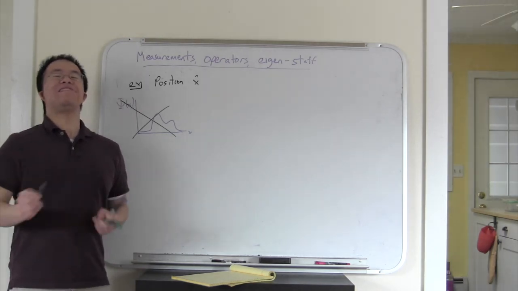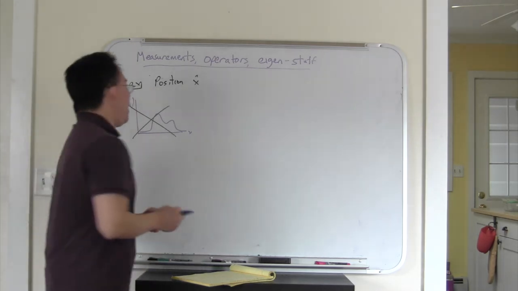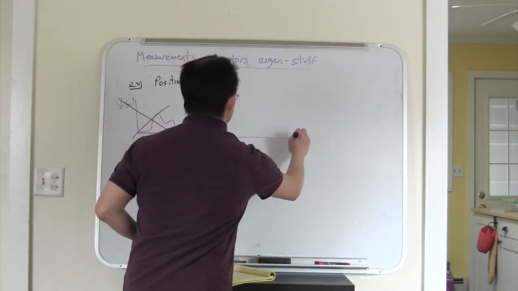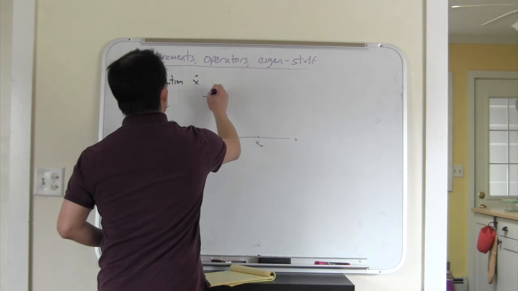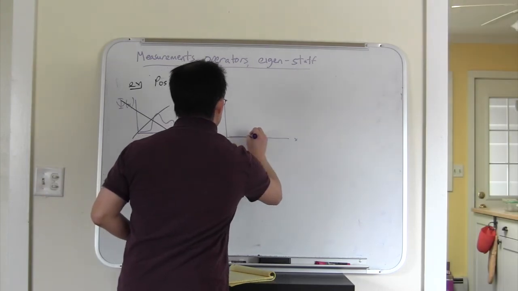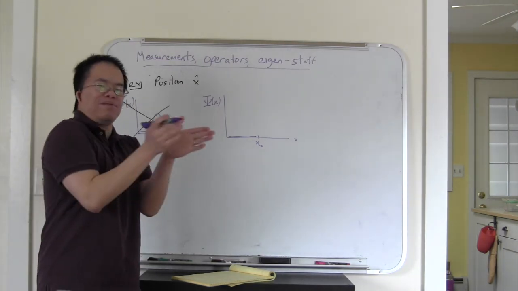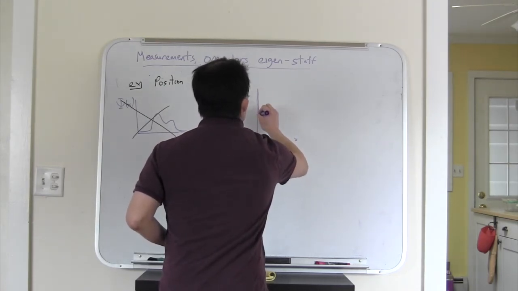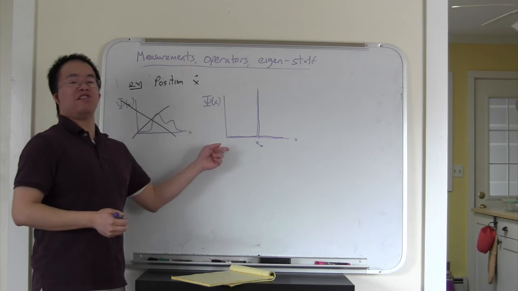It turns out the only thing that is an eigenfunction of position is something we talked about briefly before, the idea of this really sharp spike. So what is a position eigenfunction at some position x naught? It's a spike. Imagine that this wave function is zero everywhere, except in an infinitesimal window around some value x naught. Why is this a position eigenfunction?